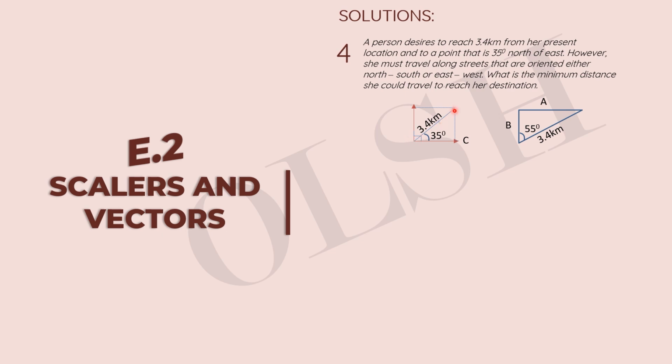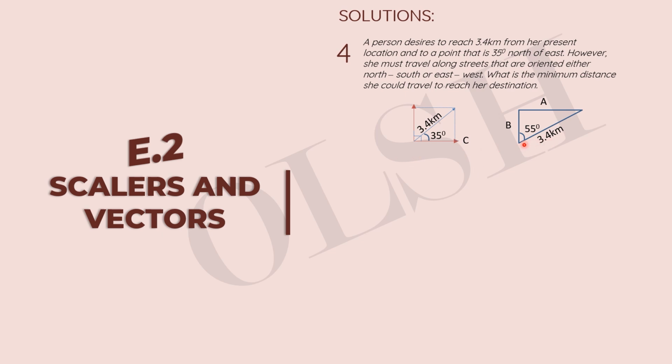Okay, but then she can't just travel straight. She has to go through streets that are oriented north, south, or east, west. So she has to go through, of course, this is north, this is south. So she has to go through streets that are oriented this way or this way. Now the question is, what is the minimum distance she could travel to reach her destination?